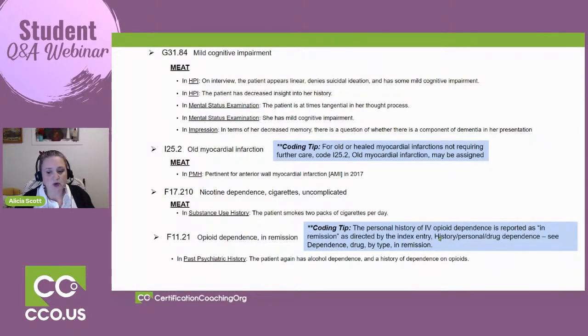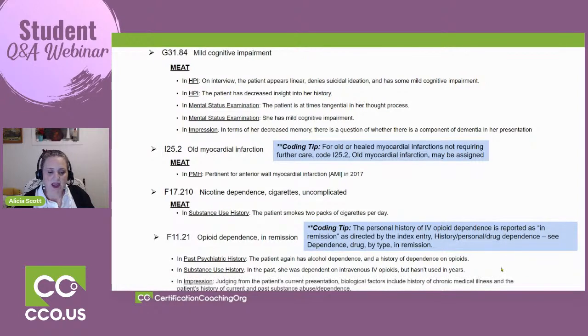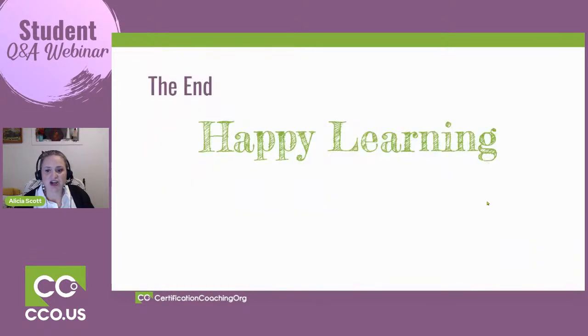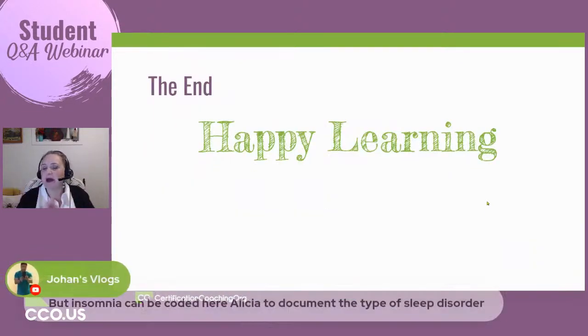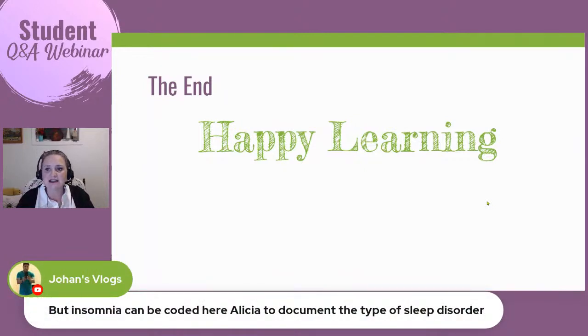The proper code when you look up history is to use the remission. And then again, we see was dependent on IV opioids. And then the impression, the patient's current presentation, is that they are not using any more, that they could justify or say in there. Very good. Any questions about what we looked at tonight?